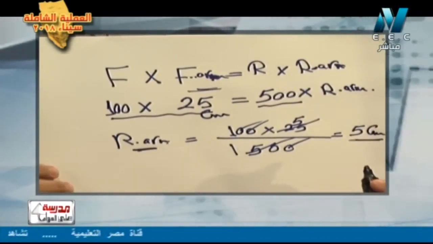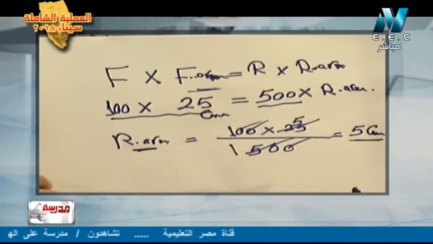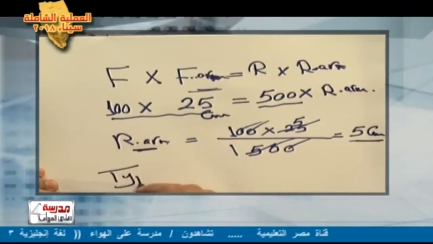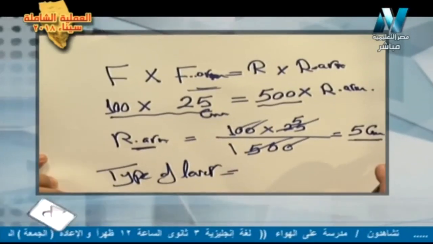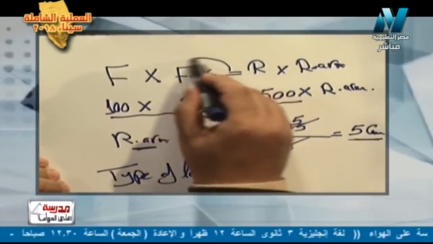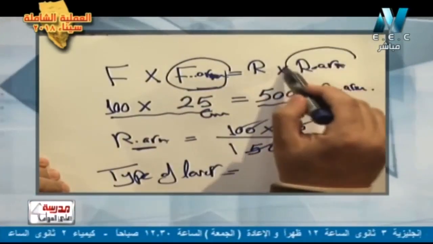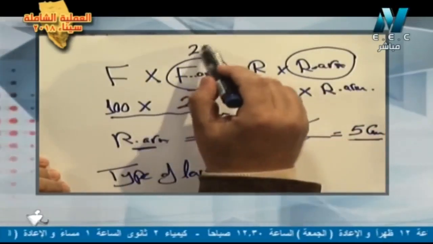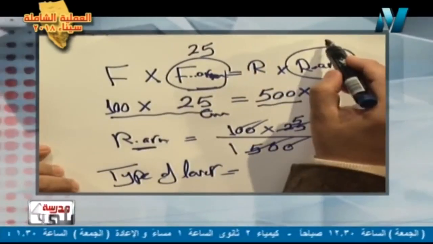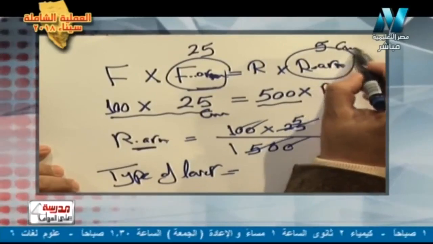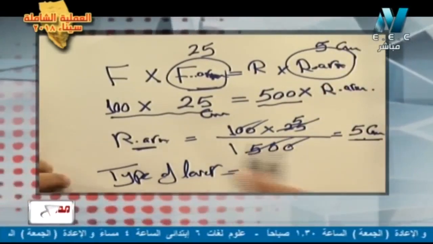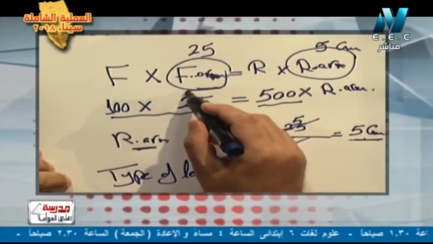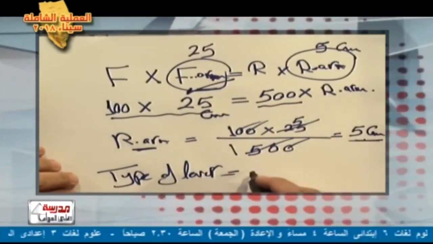Okay, so here if I want, the problem didn't ask me, but maybe I will ask you, the type of lever. I must compare between what and what? Effort force arm and resistance arm. Effort force arm was 25 centimeter. Resistance arm will be 5 centimeter only. Which one is longer? Which one is more than the other? Surely the effort force arm will be more, so it will be what?